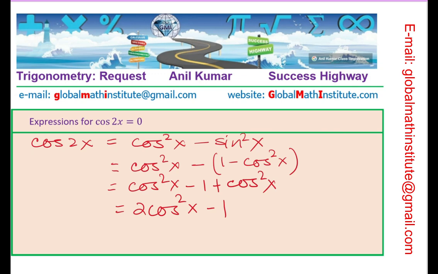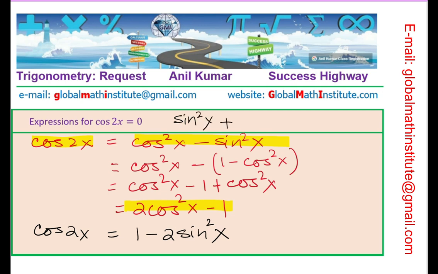So that is another formula which you can use for cos 2x. So already two of them are here for you. The third one, I'll leave it for you to derive, and which is cos 2x can also be written as 1 minus 2 sine square x. Perfect. So basically what you do is use the basic primary trigonometric identity, sine square x plus cos square x equals 1, to get the other formula. Is that clear to you?